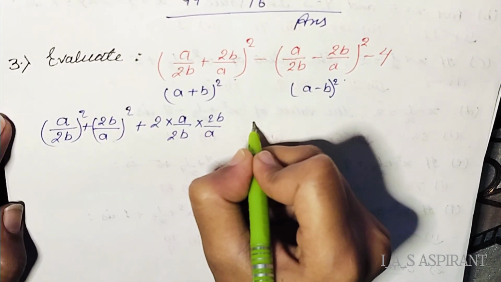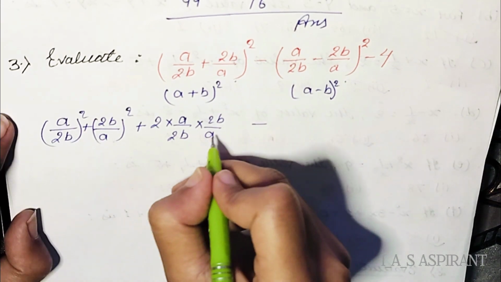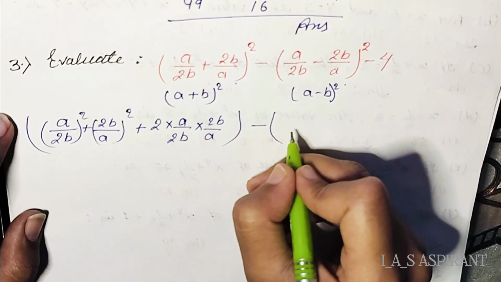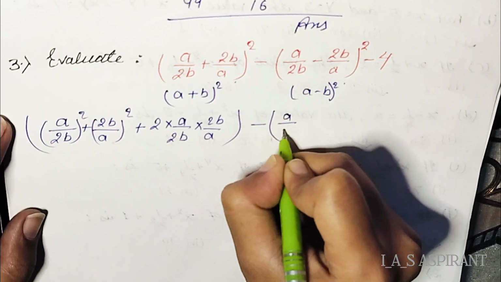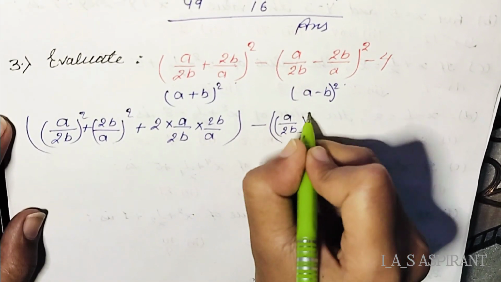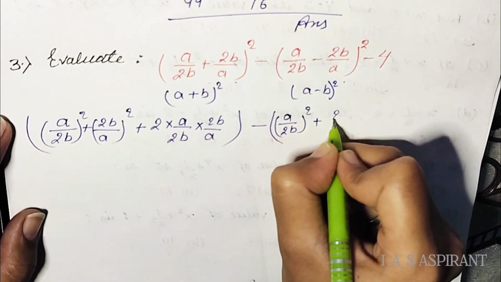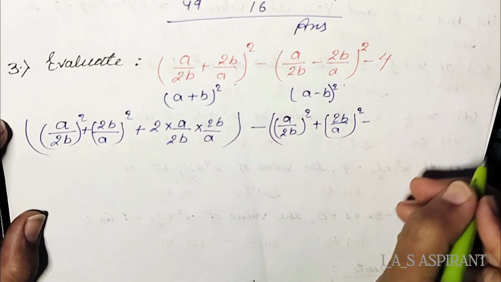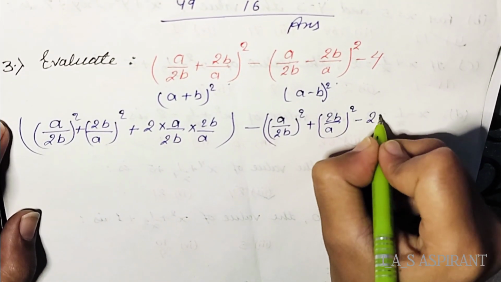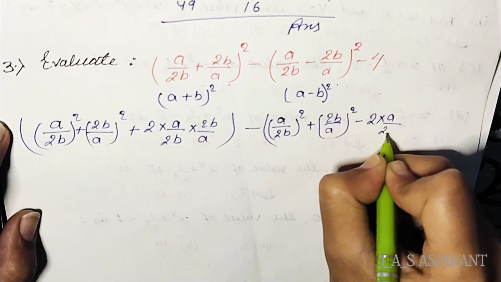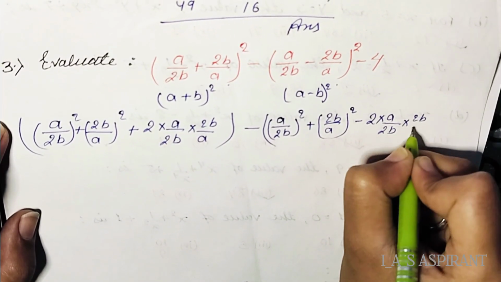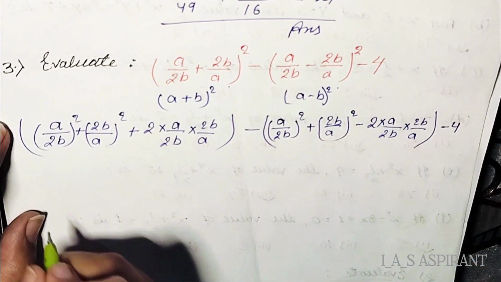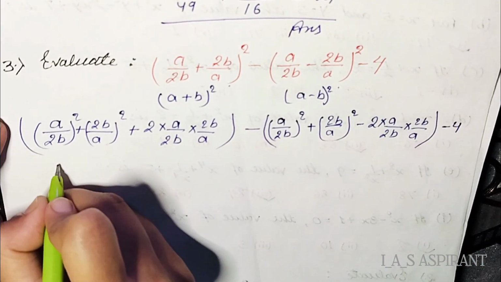Now we solve both. This is (a/2b) whole square plus (2b/a) whole square plus 2 into a/2b into 2b/a, which gives 4.